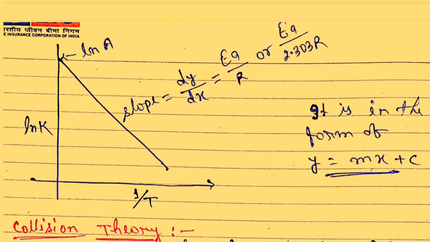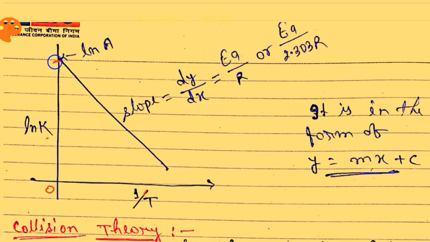See here, it is a graph plotted between ln K and the inverse of absolute temperature, 1 by T. On the x-axis 1 by T is taken, and on the y-axis ln K, meaning rate constant, and the upper point indicates the fixed value, that is ln A.